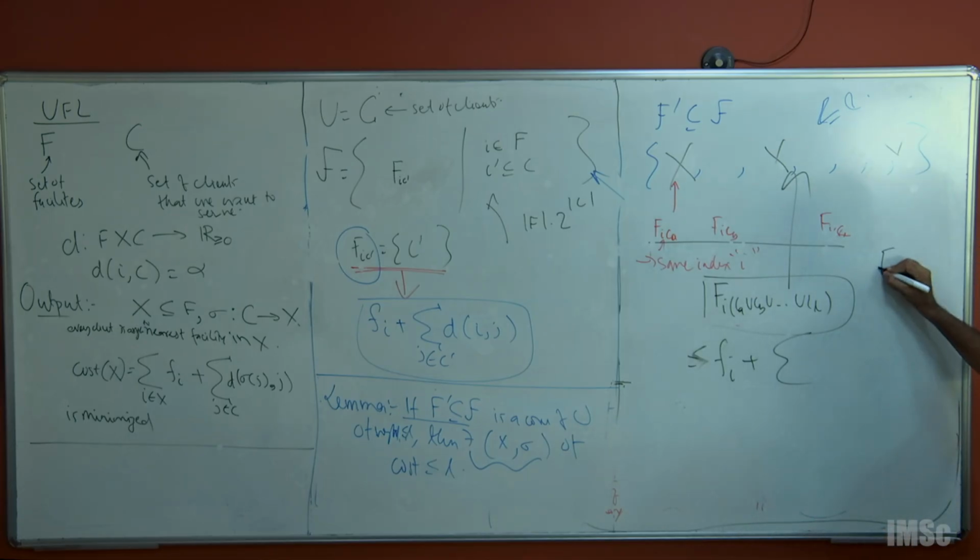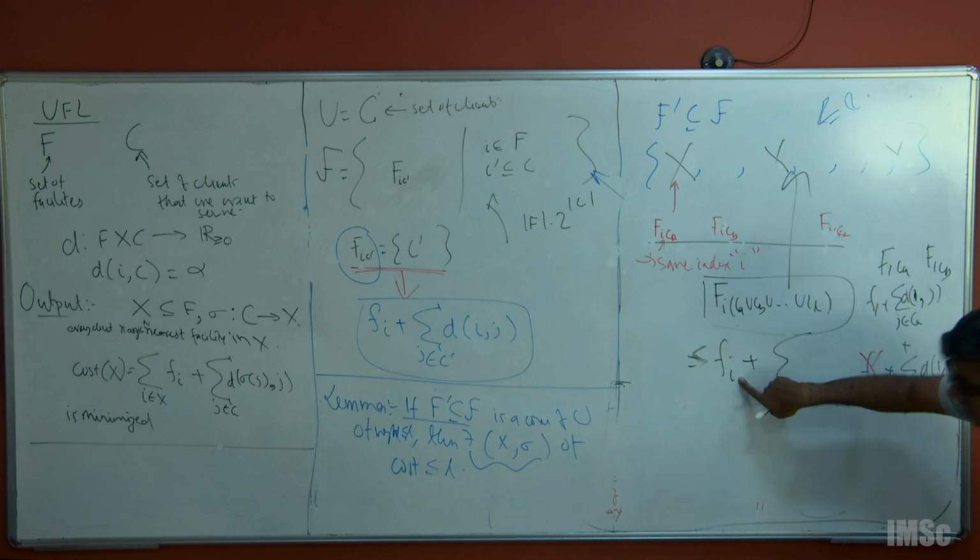Imagine if you have (f_1, C_A) and (f_1, C_B), what is its cost? f_1 plus summation of d(1, j) for j in C_A, plus f_1 plus summation of d(1, j prime) for j prime in C_B. Now if you replace them, definitely this cost will go down, because you will only add f_1 once for this particular set.